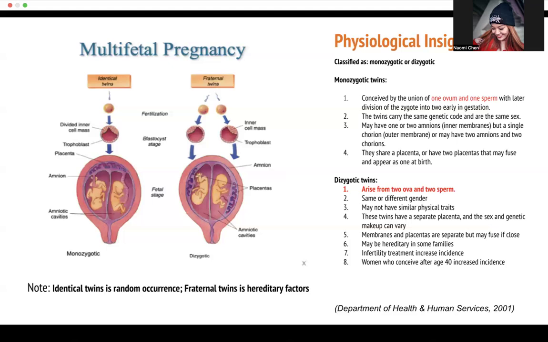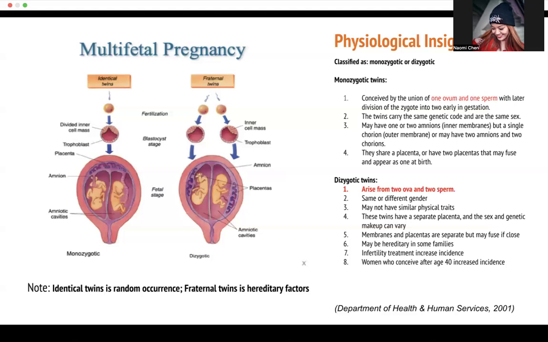Membranes and placentas are separate but may fuse if close. They may be inherited in some families. Infertility treatment increases incidence because it involves releasing multiple eggs. Women who conceive after age 40 have increased incidence too, because as women age, they are more likely to release multiple eggs.